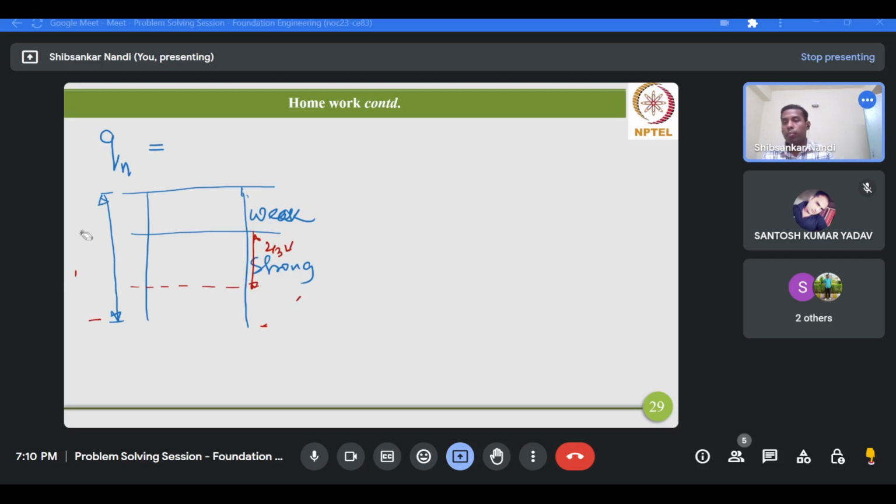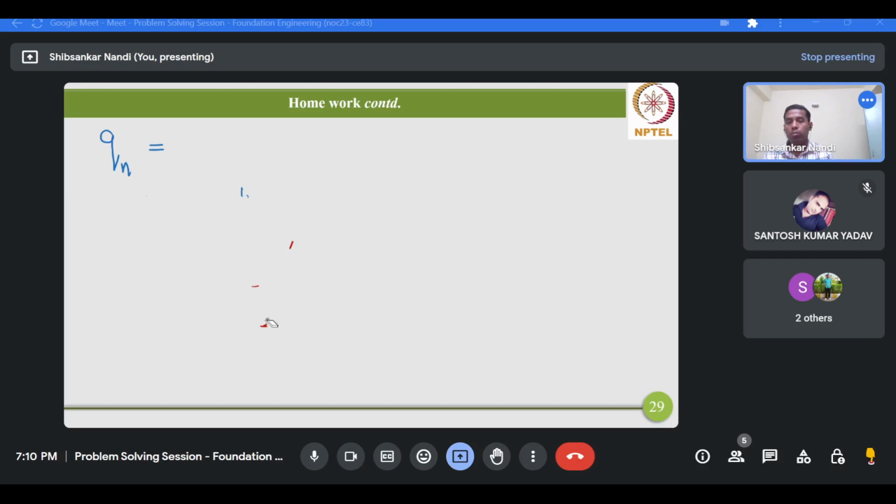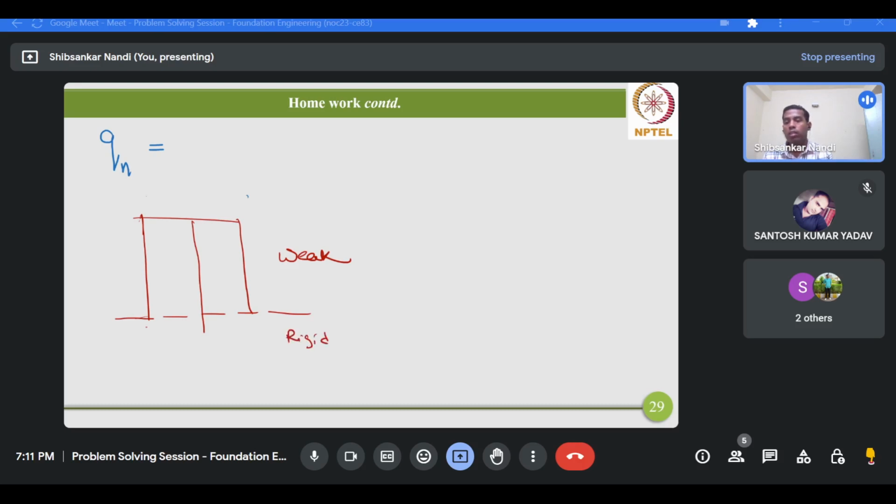And again, if the soil is completely weak up to the pile tip, so this is the pile length and this portion is weak along the entire length of the pile, and then you get a rigid or dense stratum, then the distribution will start from the pile tip only.